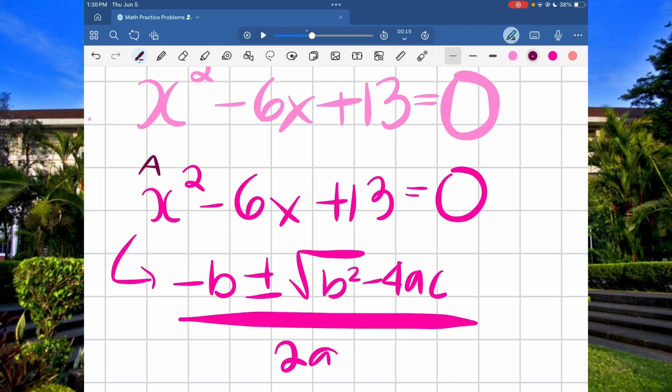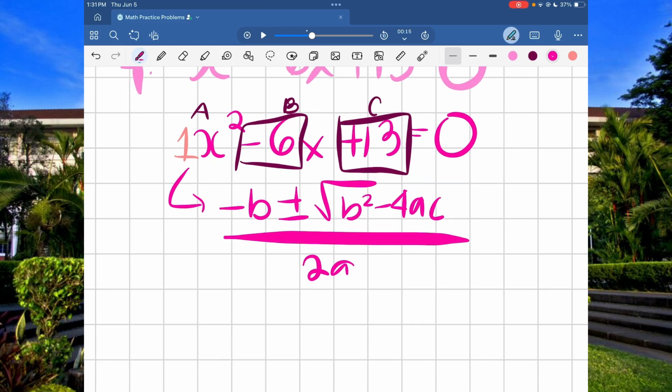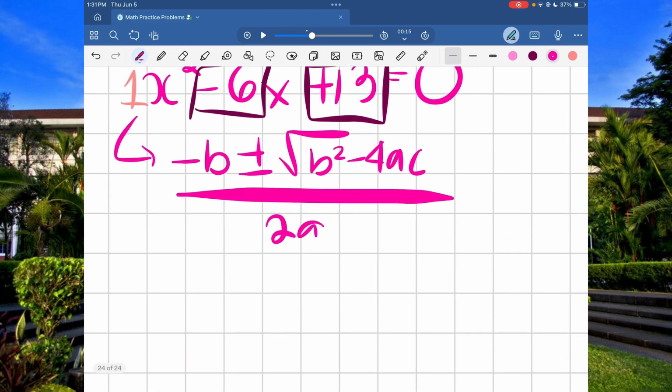So once again, this is a. We have 1 right there. This is b. And this is c. So -6 and +13. So we're gonna plug in.